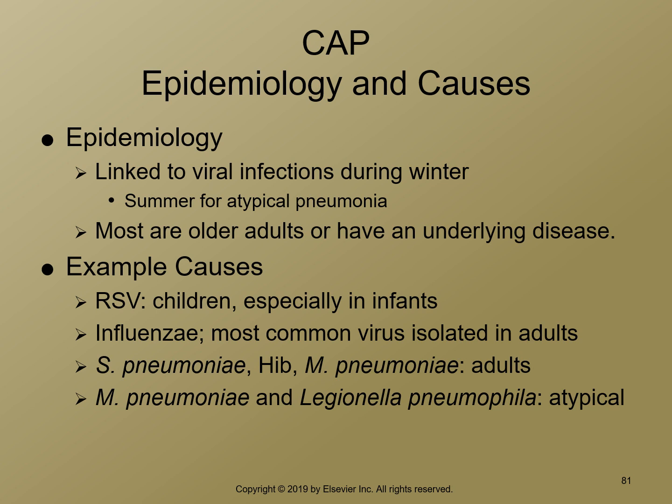RSV is the most commonly identified cause of viral pneumonias in children, especially in infants in most communities. Influenza virus is the most common virus isolated in adult pneumonia patients and can cause primary viral pneumonia or be associated with a subsequent bacterial superinfection, including infections with Strep pneumoniae and Staph aureus.